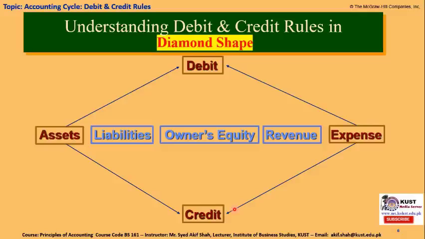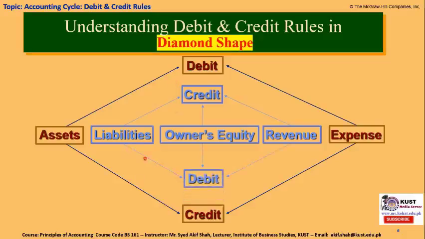The rule for the rest of the middle main heads of accounts, like liability, owner's equity, and revenue, is totally inverse to what we have discussed for assets and expenses. Here it is: when the arrowhead upward is showing that there is an increase in liability, owner equity, or revenue in any particular economic event, you have to record it as a credit entry.